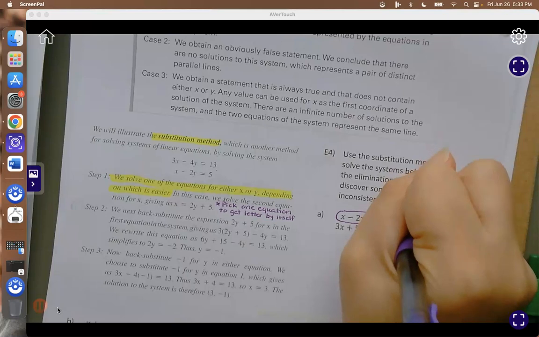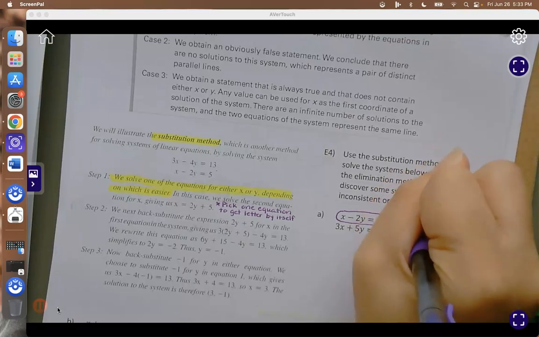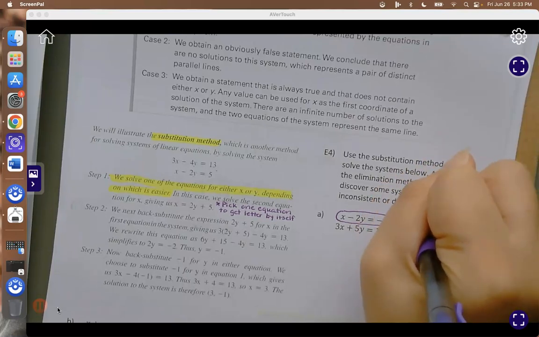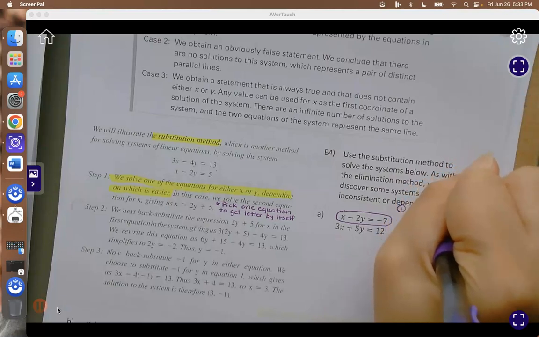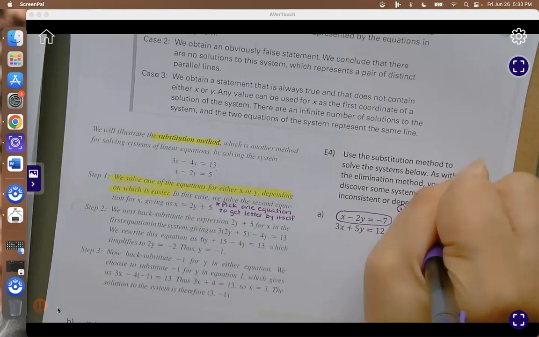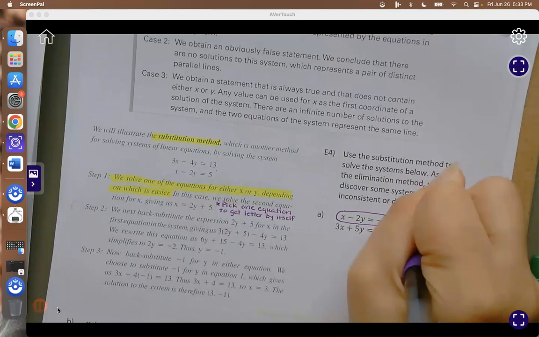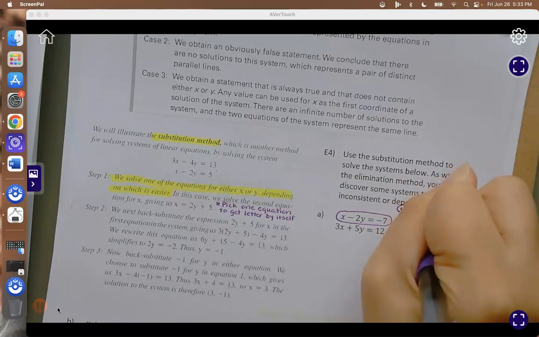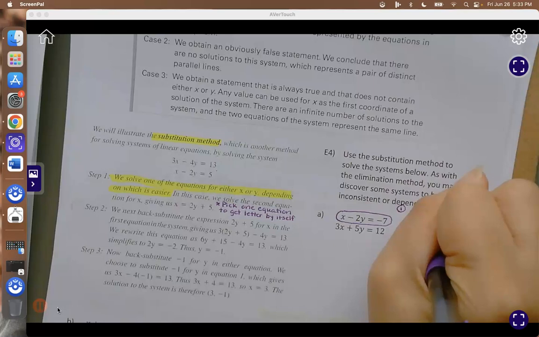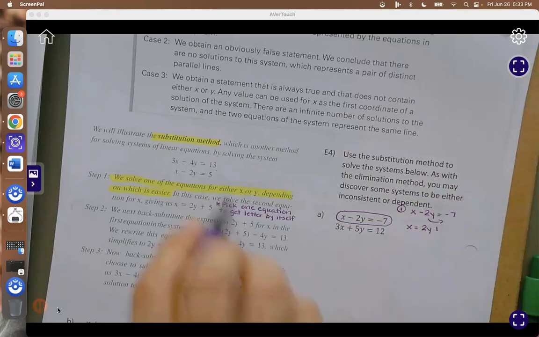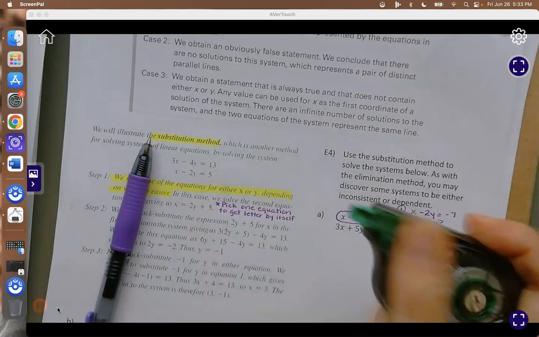So step 1, we have x minus 2y equals negative 7. So we're going to get the x by itself, and we get x equals 2y because it becomes positive, and this should be a minus 7.